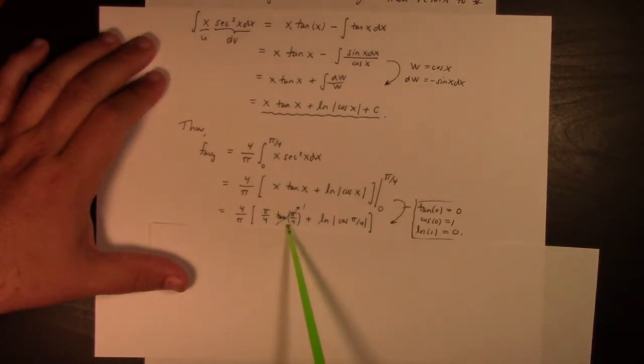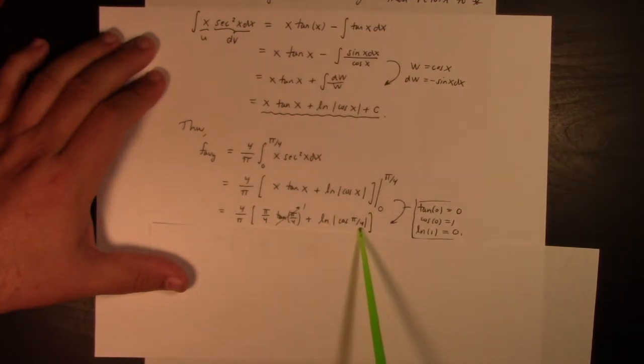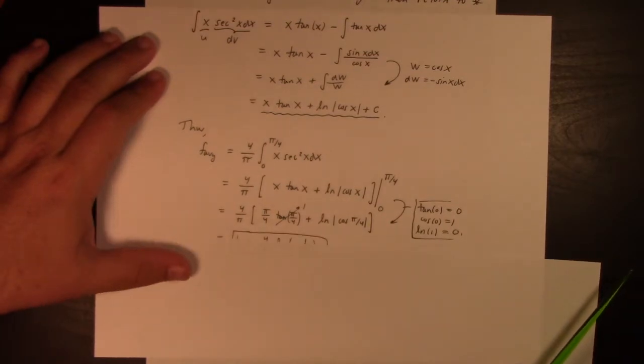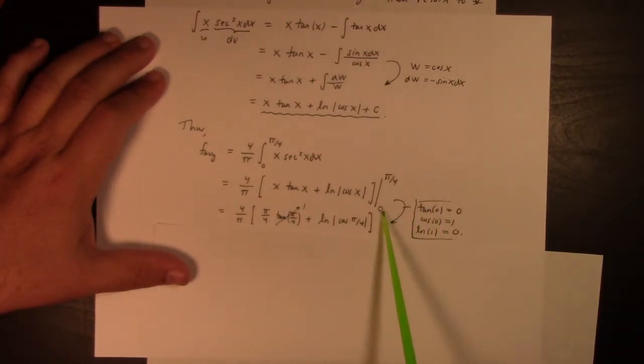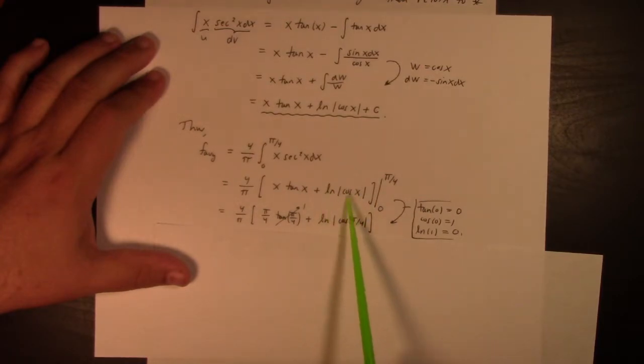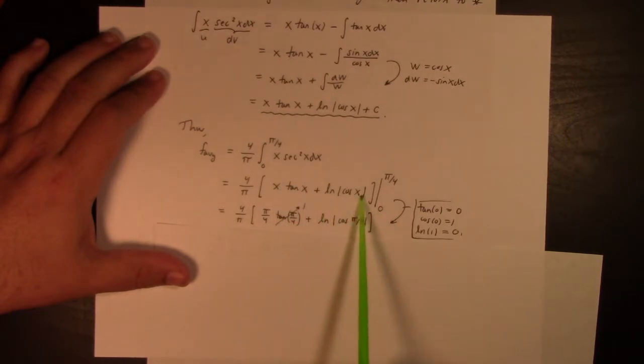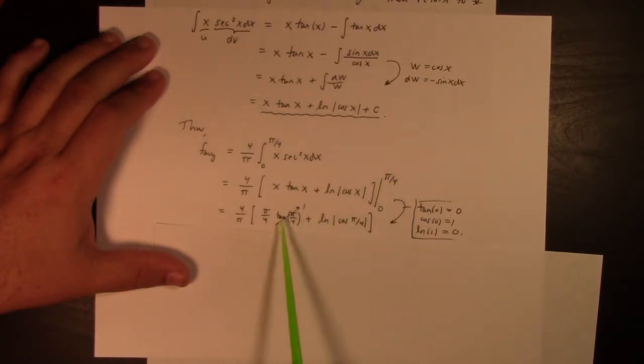Of course, the tangent of pi over 4 is 1. And then we have the natural log of the cosine of pi over 4. Well, the cosine of pi over 4 is root 2 over 2, right? And when we plug in 0, we get 0 from this. Cosine of 0 is 1, so the natural log of 1 is 0. Evaluating at the lower bound gives me 0. So the upper bound is the only thing that matters.